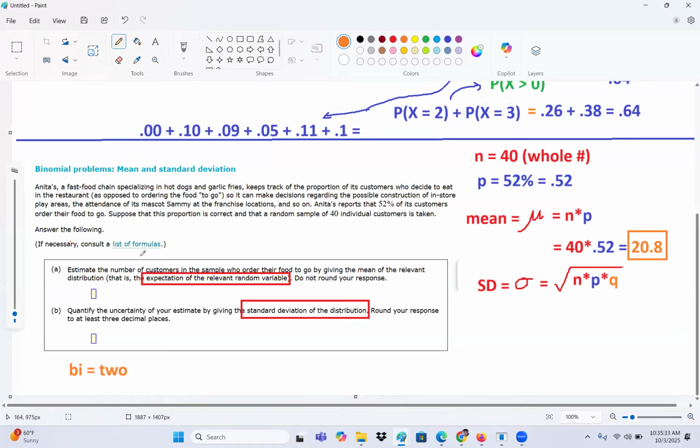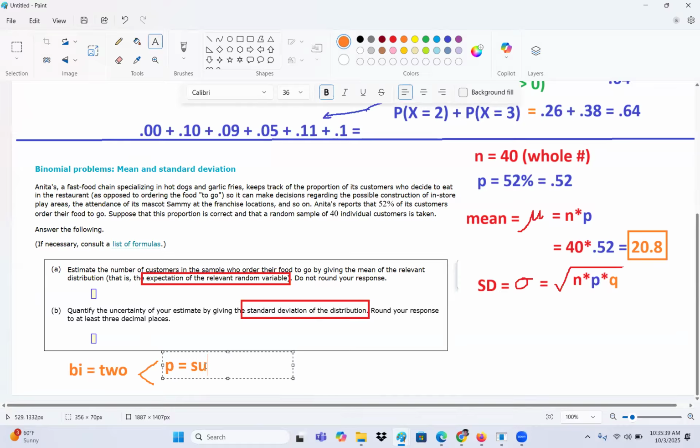The first one we call the success rate. The p we call the success rate, and then the q we call the failure rate. The q can be computed as 1 minus p.